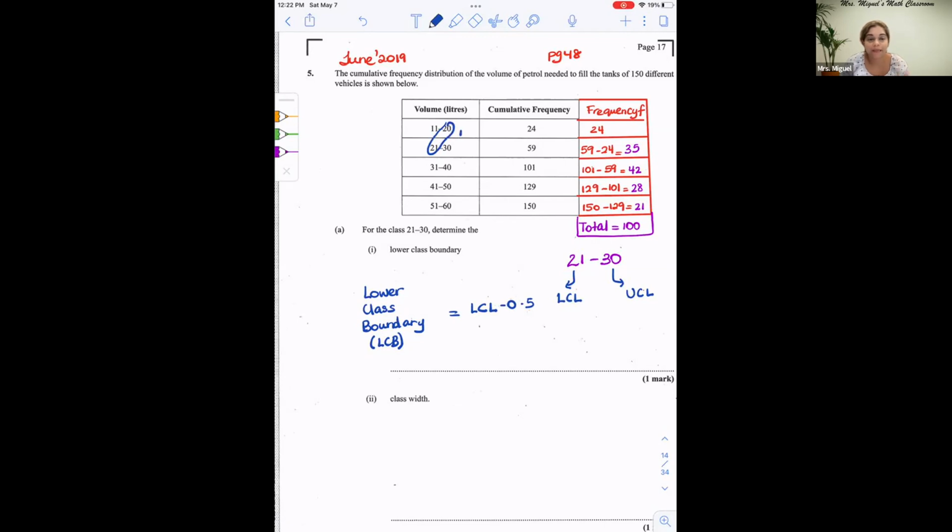And when we divide it by 2, we will get 0.5. So 21 minus 0.5, the answer is 20.5. Did you all get the lower class boundary as 20.5?